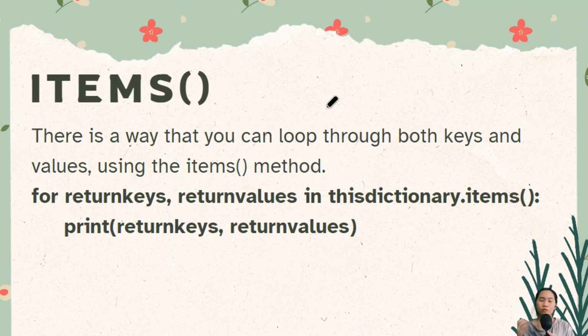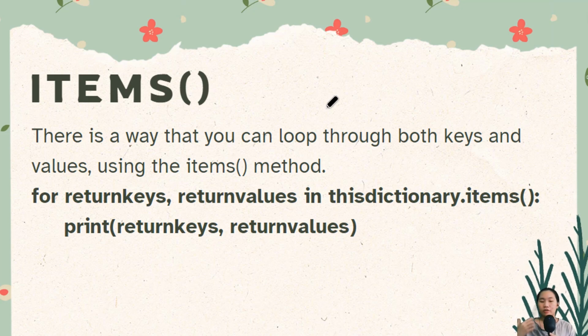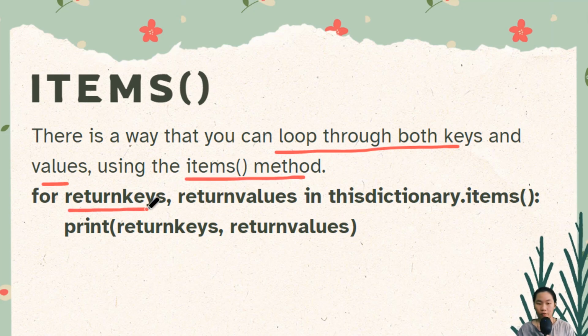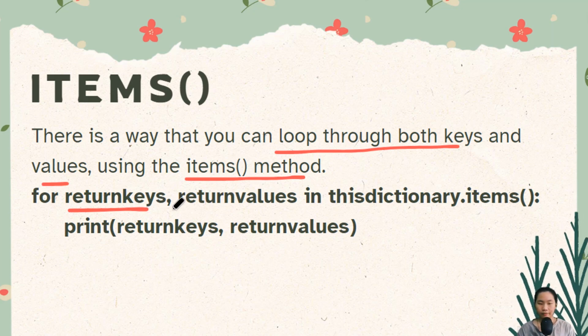Now, what if you don't want just one? You don't want just values or just keys, but you want both pair. You can use items. Befittingly, there is a way you can loop through both keys and values using the items method. I have for return keys, so the keys go first and then the value goes second.